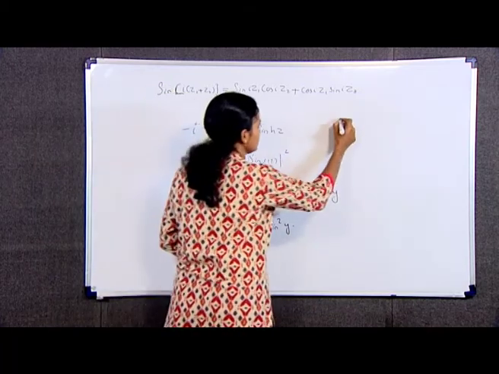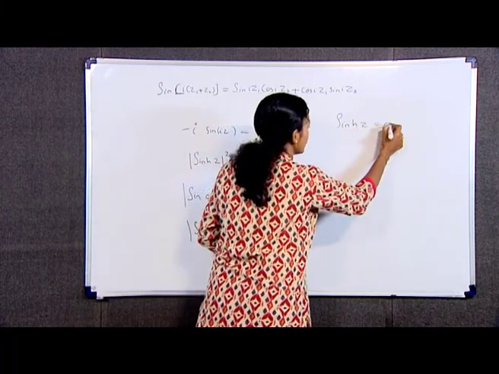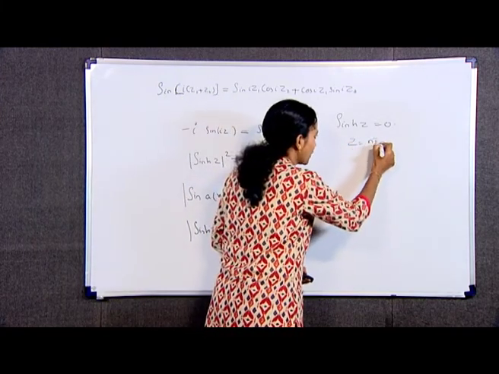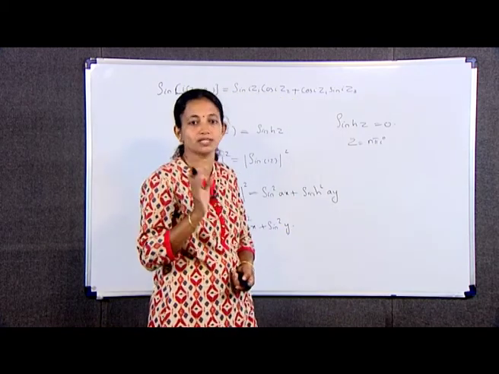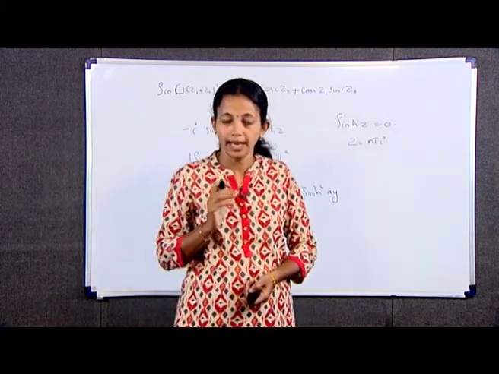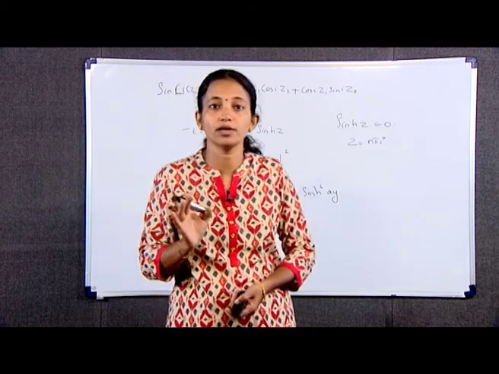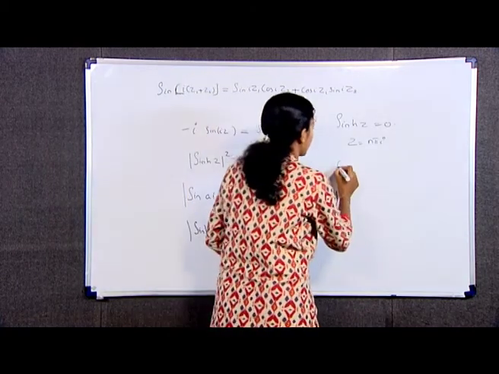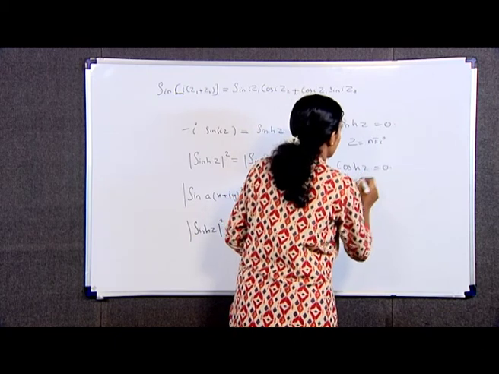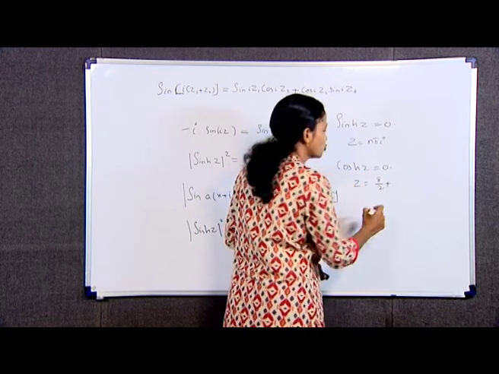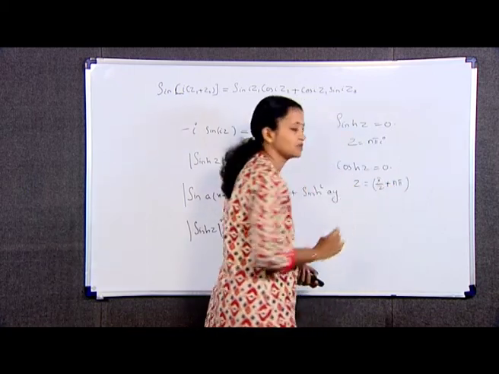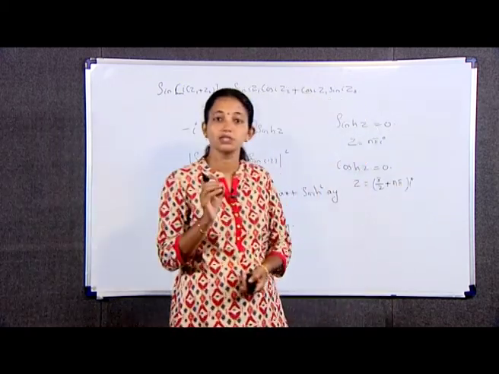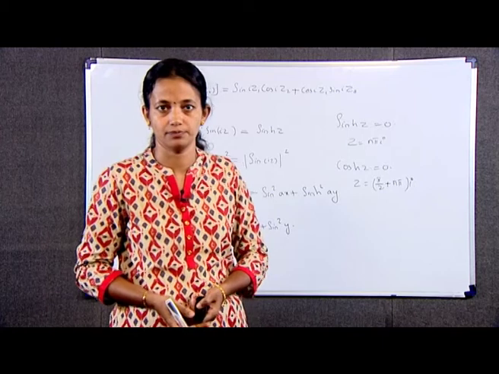That is, sinh z is equal to 0 only when z is equal to n pi i, where n varies from 0, plus or minus 1, plus or minus 2, etc. And cosh z is equal to 0 if and only if z is equal to pi i by 2 plus n pi i. Here also n varies from 0, plus or minus 1, plus or minus 2, etc.